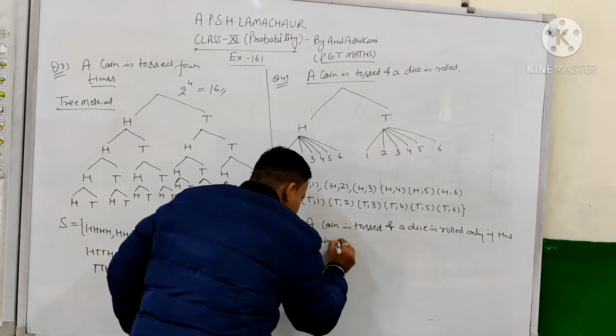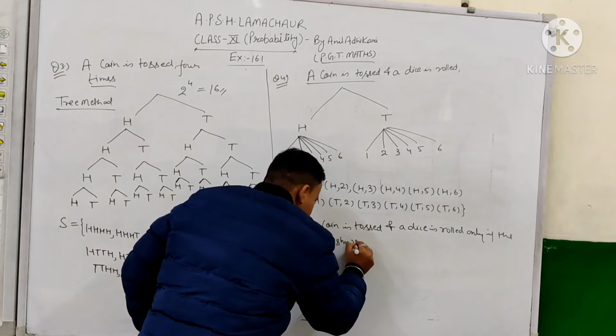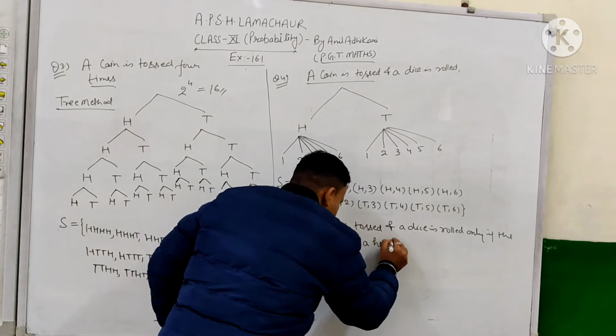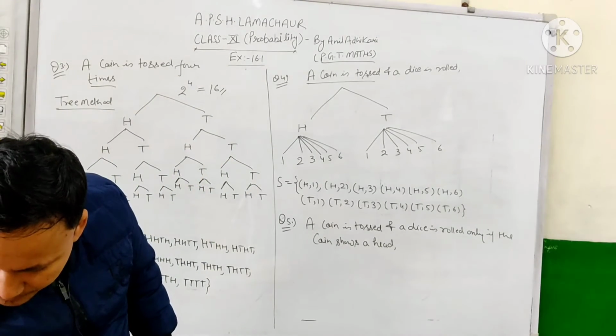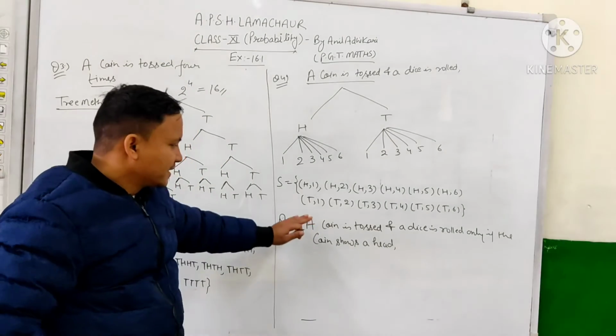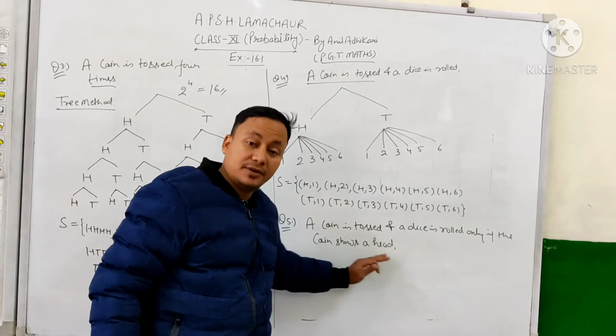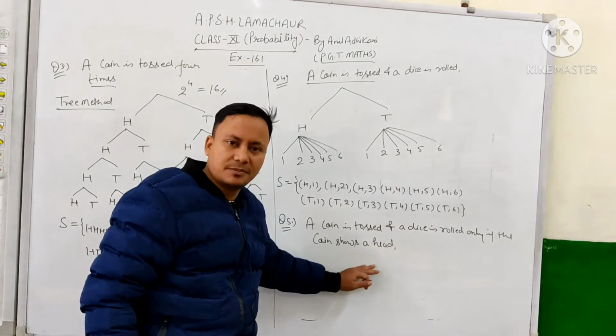This is the experiment. Okay, if I am not wrong. So this is the experiment, okay, and we have to find a sample space for this particular experiment over here.